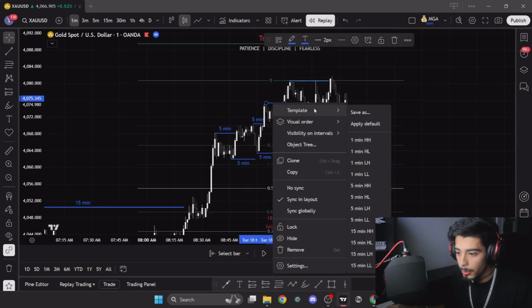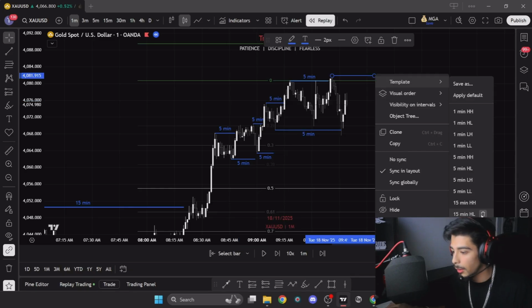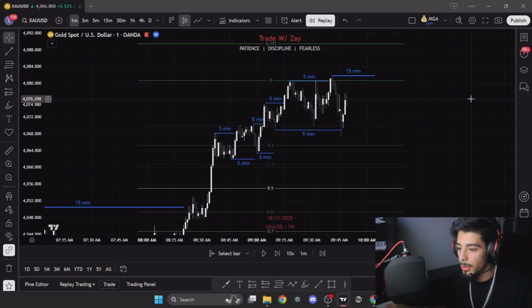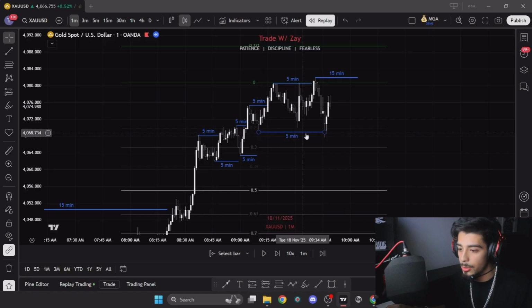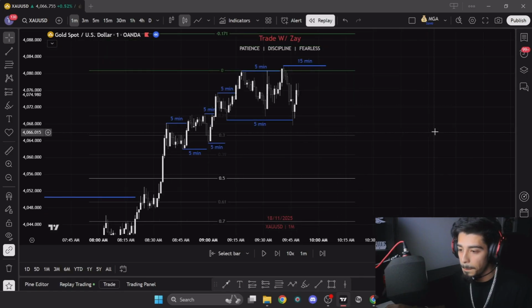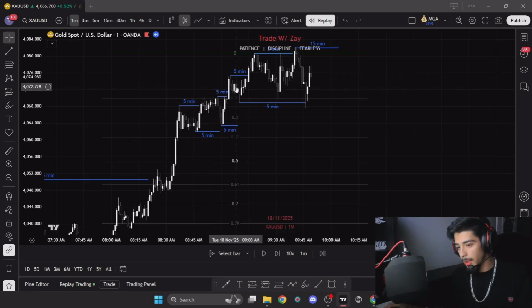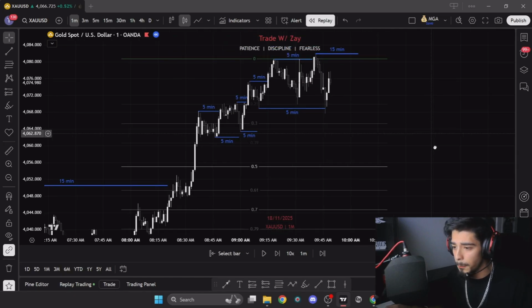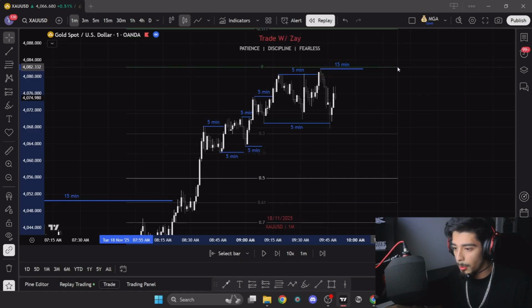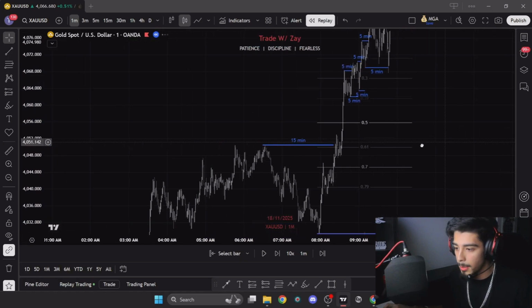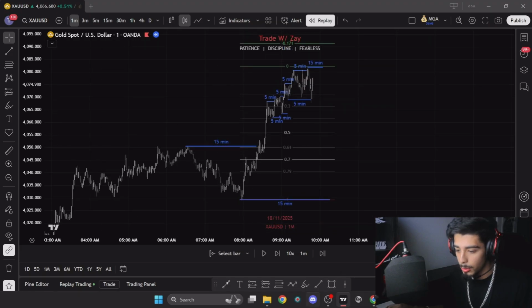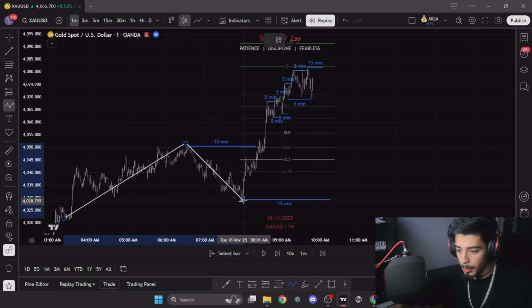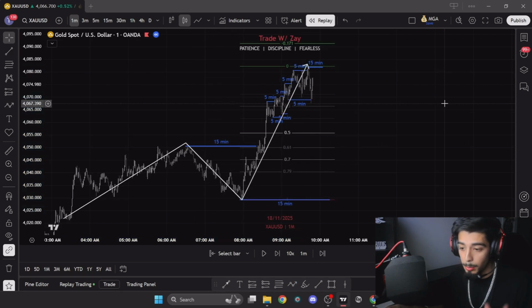All right, so I'm gonna go ahead and do this. All right, so we're gonna name this the 15-minute higher high because we gotta change the structure to the downside. So this is our first indication that price could go down, because as you can remember, 15-minute structure, bam, bam, bam, it's bullish, right?